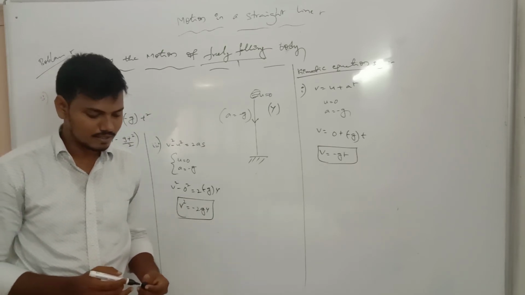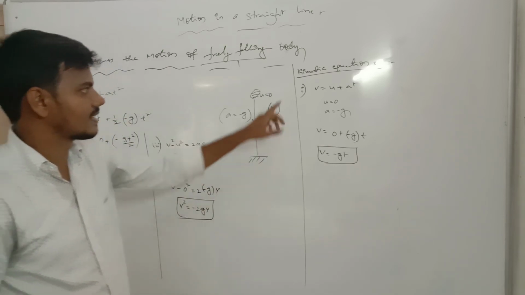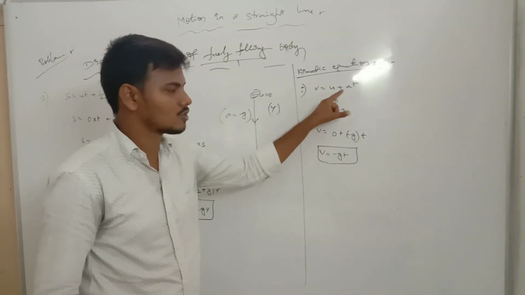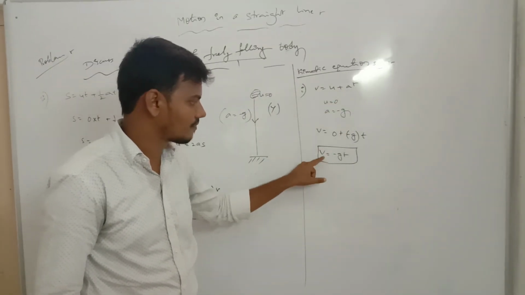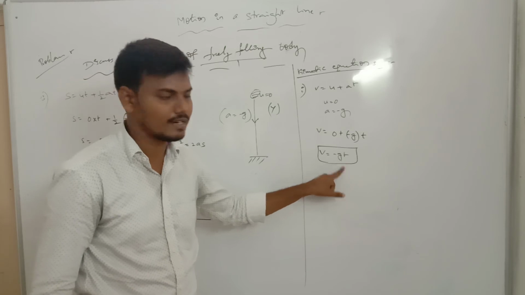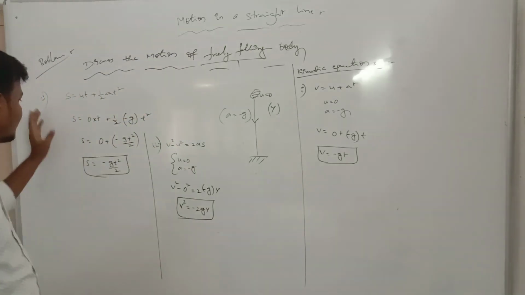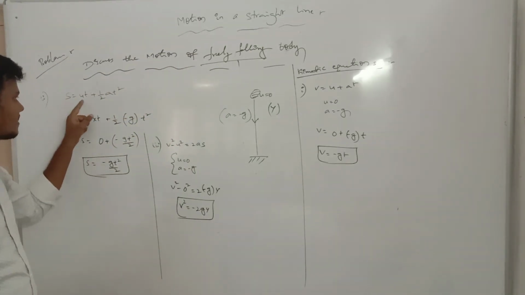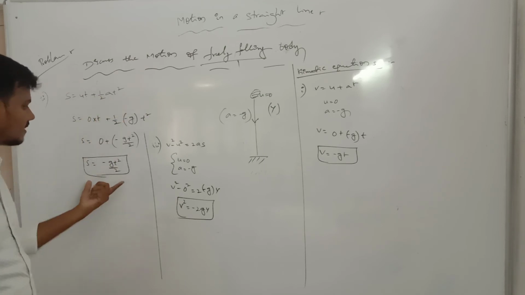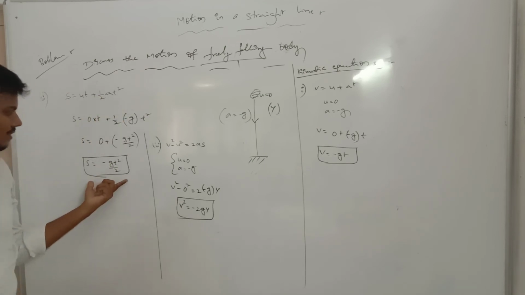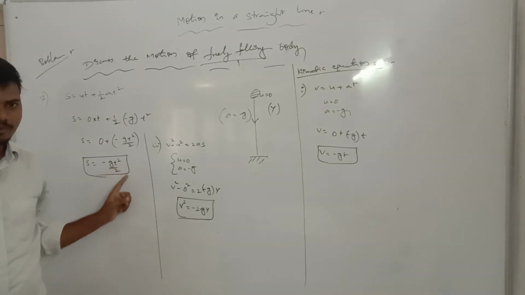To summarize: the first kinematic equation, v is equal to u plus at, gives v is equal to minus gt. The second kinematic equation, S is equal to ut plus half a t square, gives S is equal to minus g t square by 2.